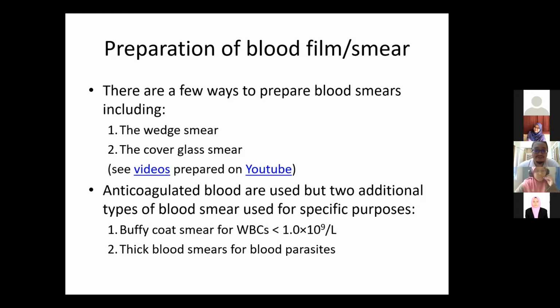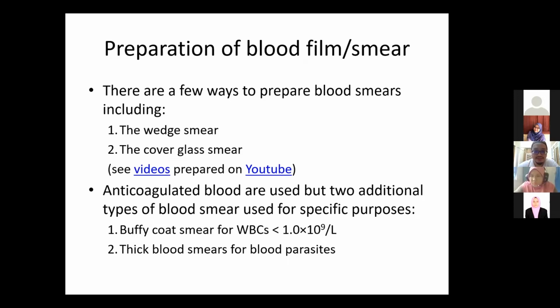Alright. So there are a few ways to prepare the blood smear. One of the most common methods, what we call the classical or conventional method, is the wedge smear. There are also the cover glass smear and the spun smear type.